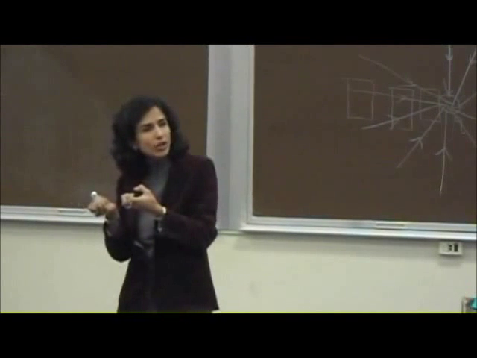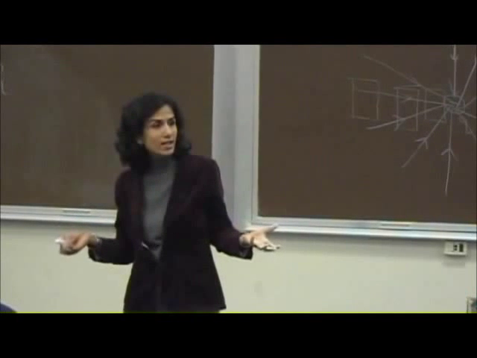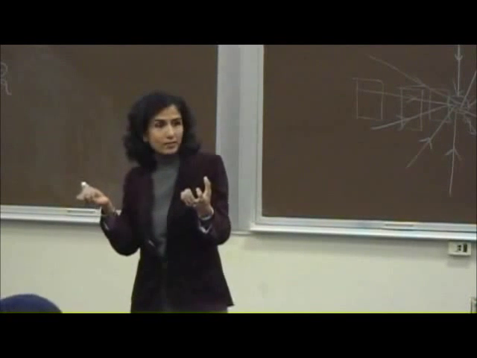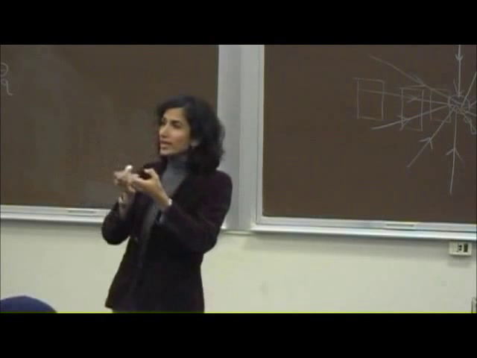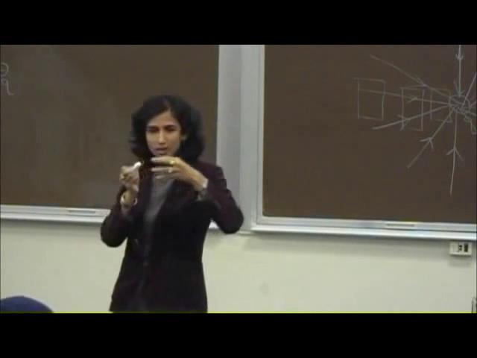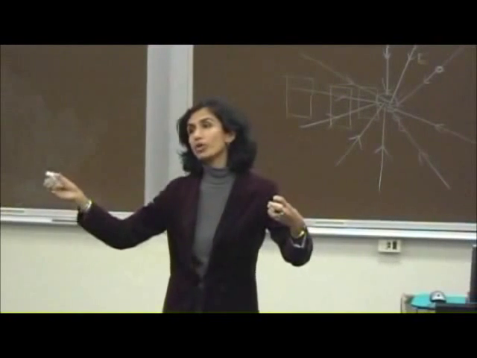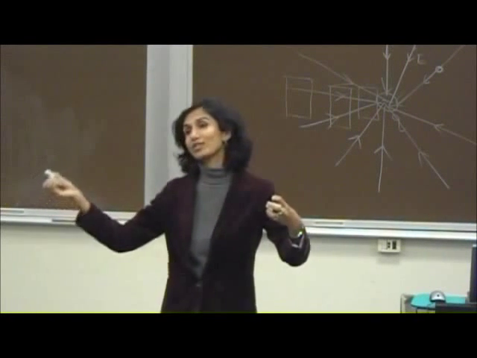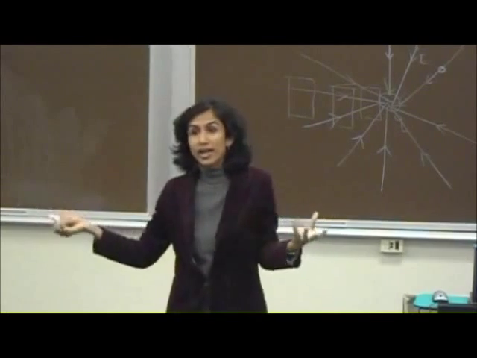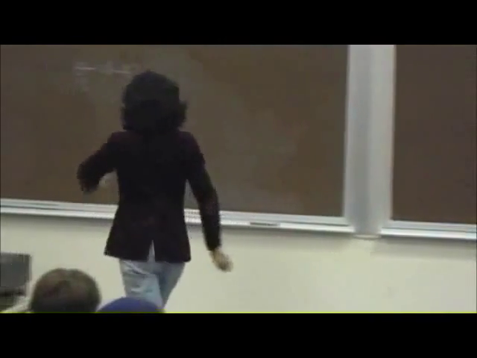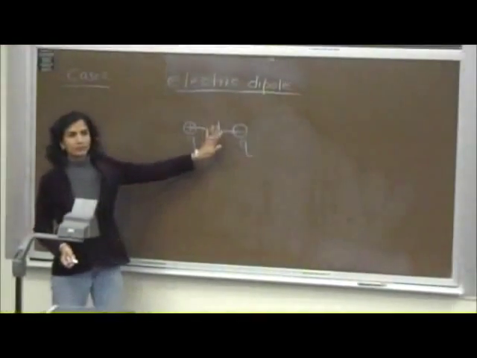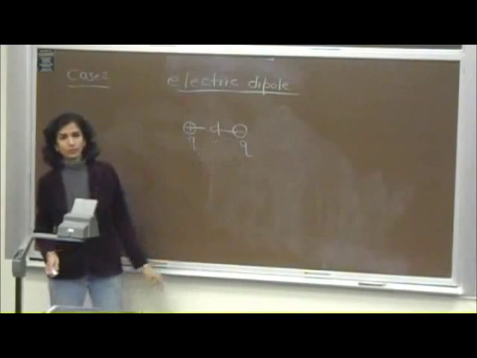It has a greater affinity for electrons than hydrogen does, and so partially, not fully, the electron gets moved. Partial negative charges develop on oxygen and an equal amount of positive charge develops on hydrogen. So you can think of water conceptually like this, as a dipole.